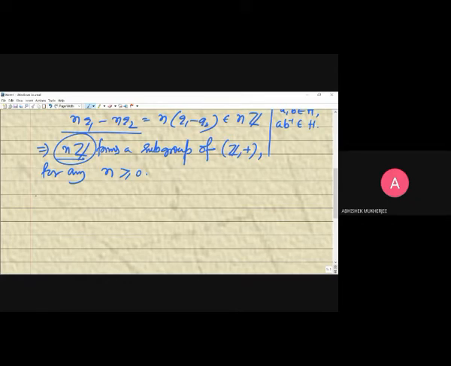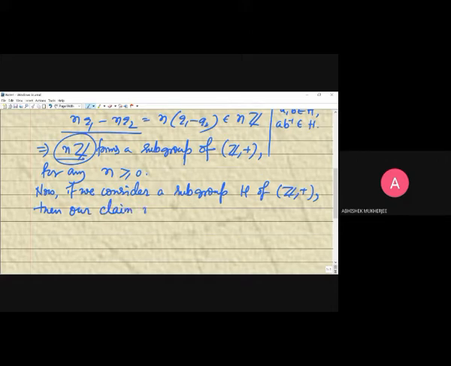So now your turn is to show that if we consider any subgroup H of Z plus, then our claim is that this H equals some n naught Z for some n naught greater than or equal to 0.